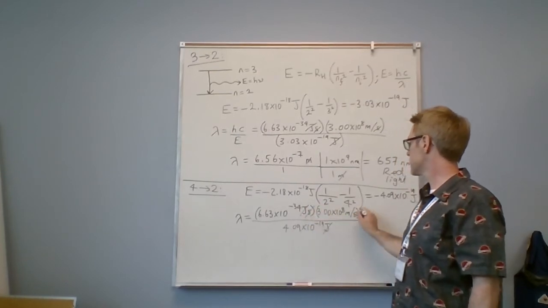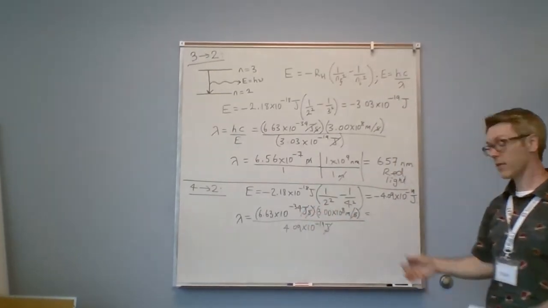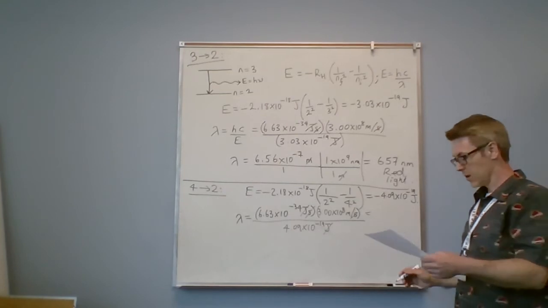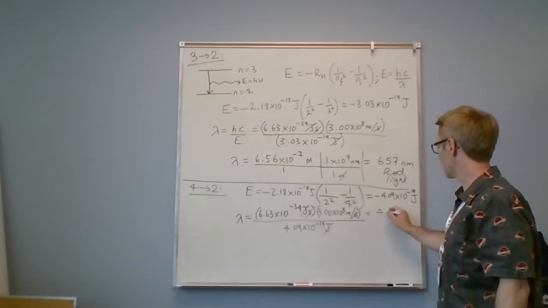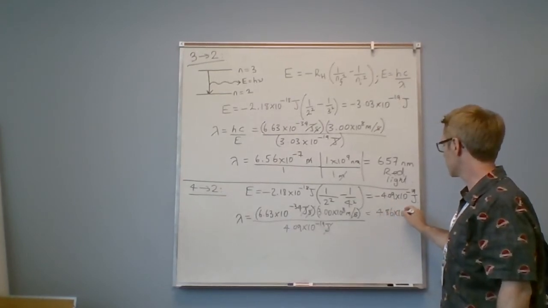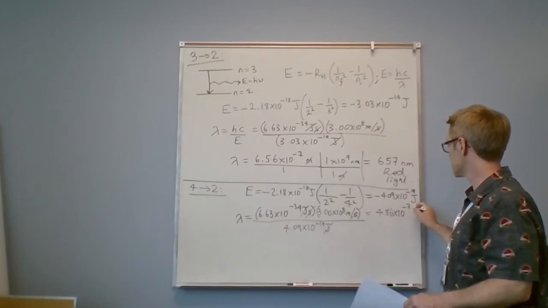Joule cancels, second cancels, and we have wavelength in meters, which is 4.86 by 10 to the negative 7 meters.